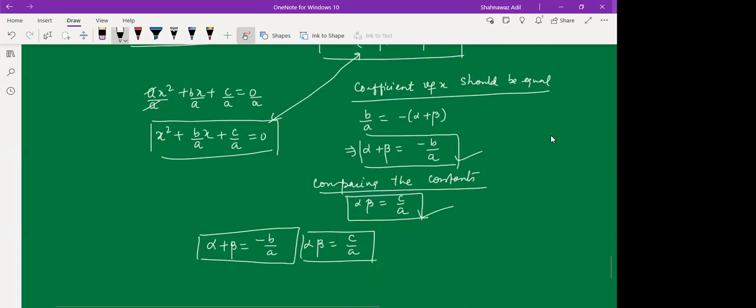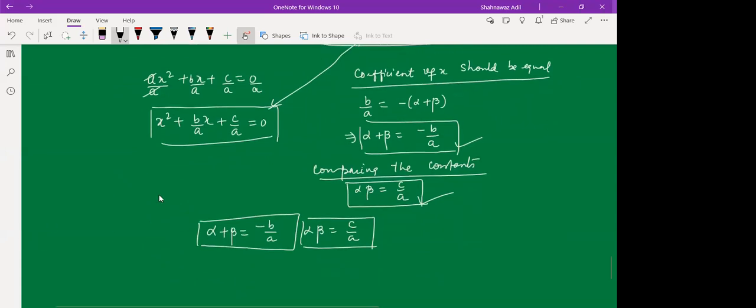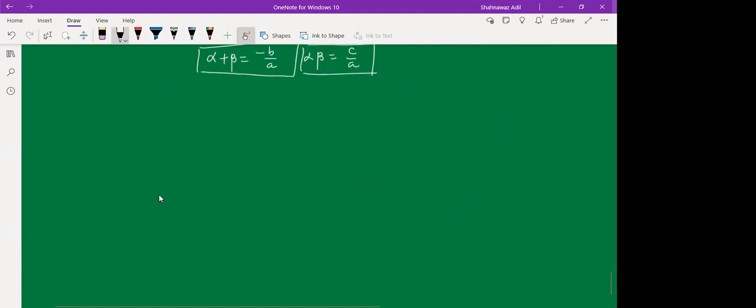Good. So similarly, this is not part of the syllabus, but similarly, for a cubic equation, the general form would be ax cube plus bx square plus cx plus d equals 0, right?